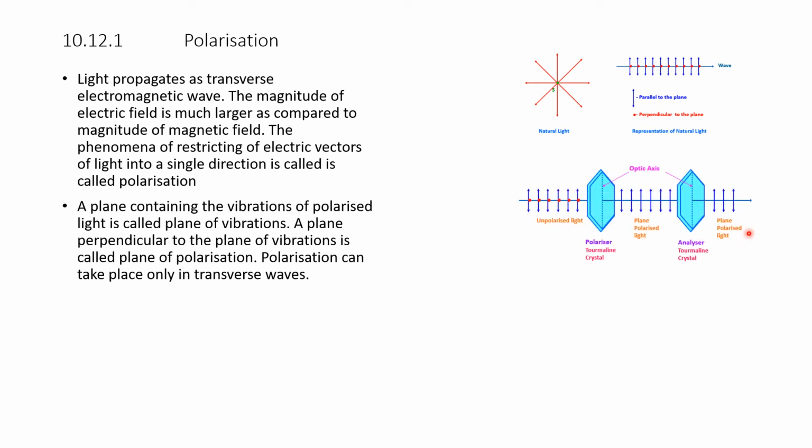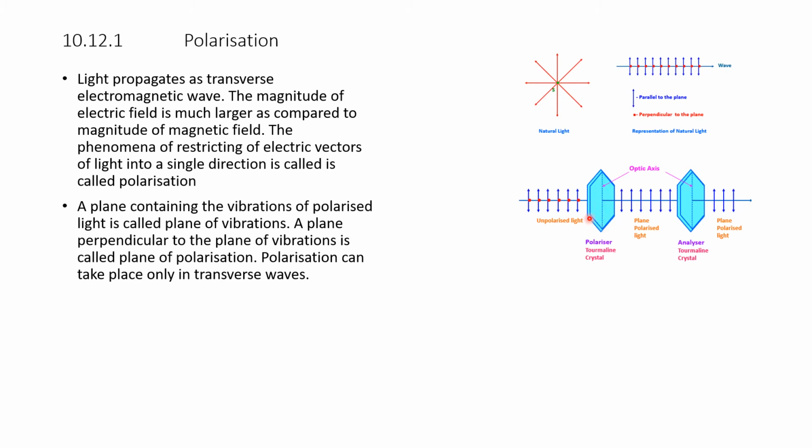Please see the figure here. This unpolarized light has two components, vertical and horizontal, that is parallel to the plane and perpendicular to the plane. The red are perpendicular to the plane, the blue are parallel to the plane. They pass through a polarizer. A polarizer is made up of tourmaline crystal.